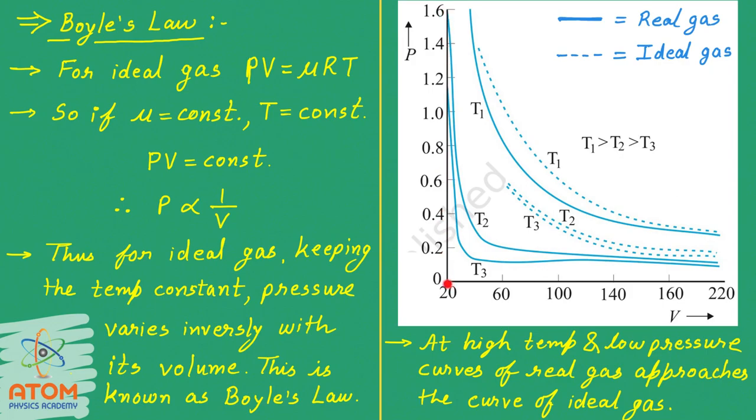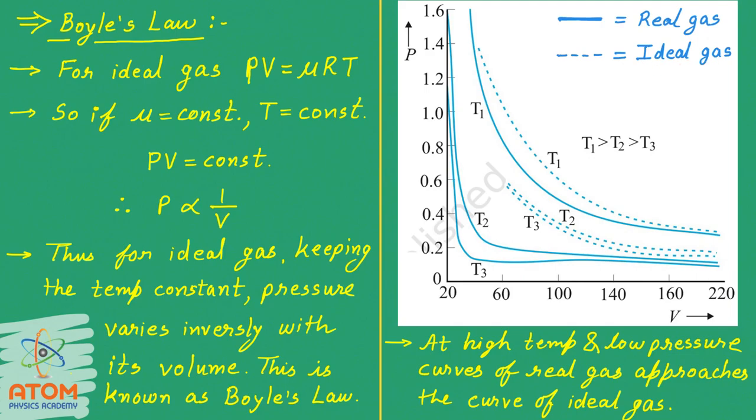Now here is a graph of P versus V, which means it's a pressure versus volume graph. And you can notice that there are two types of curves. One is a continuous curve which represents the real gas and another is a dotted line curve which represents ideal gas.